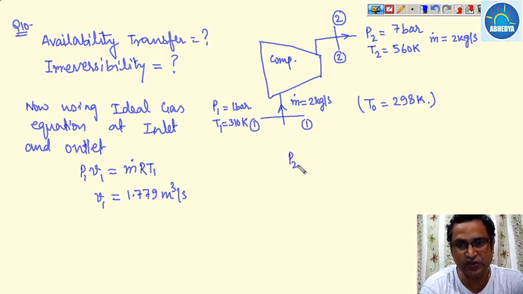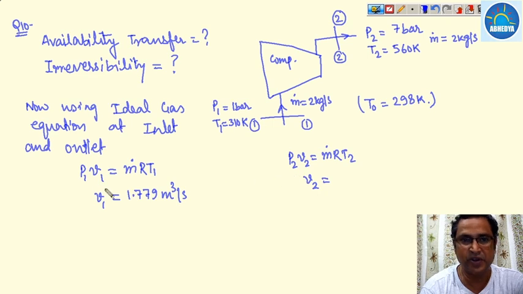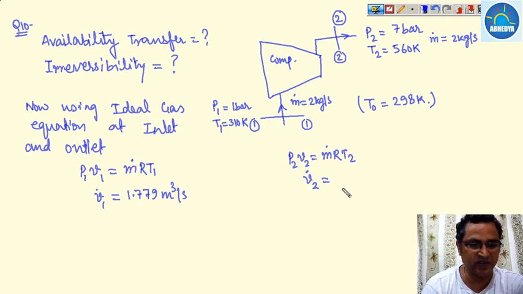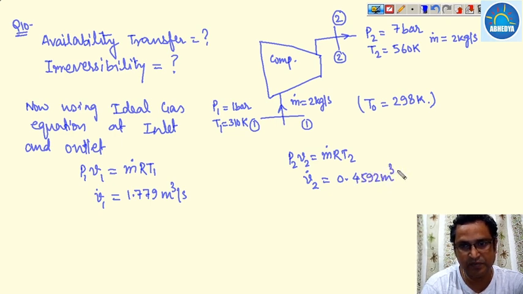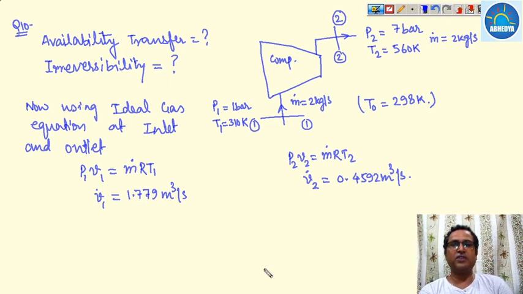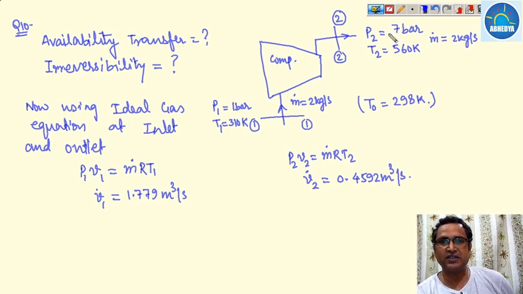Similarly, by using the equation P2 V2 is equal to m dot R T2, since all the values are known, the volume flow rate at the outlet condition comes to be 0.453 meter cube per second.